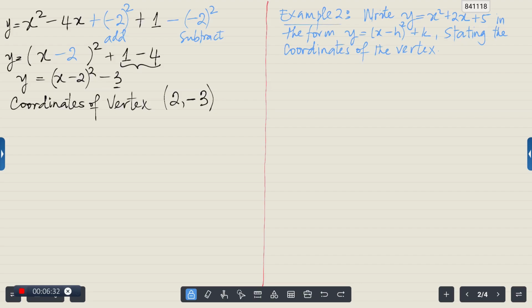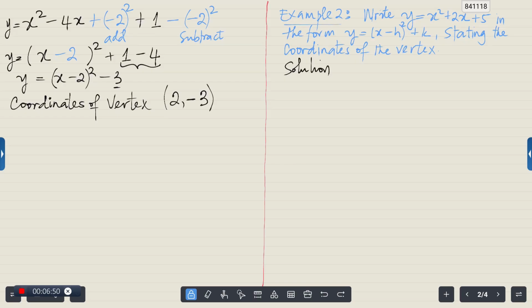At this point, I'm sure we're very clear about what we have to do. Now let's look at example number 2, hoping to clarify even further.